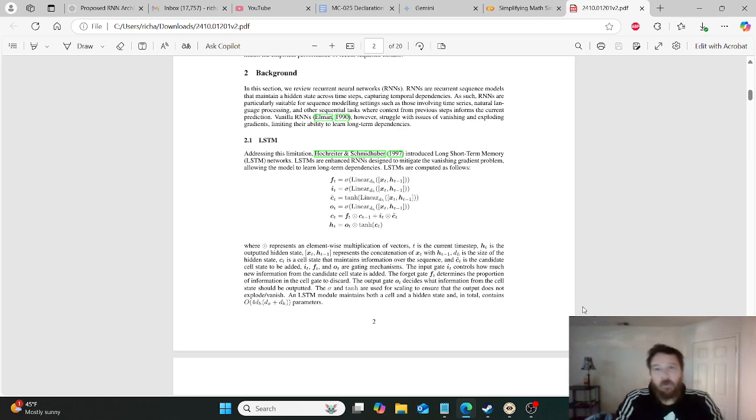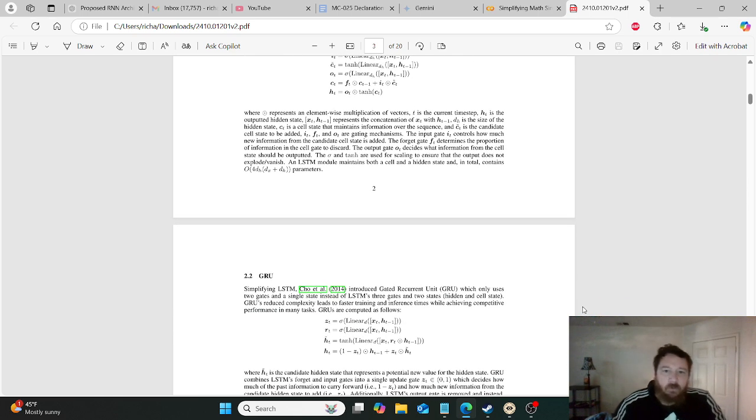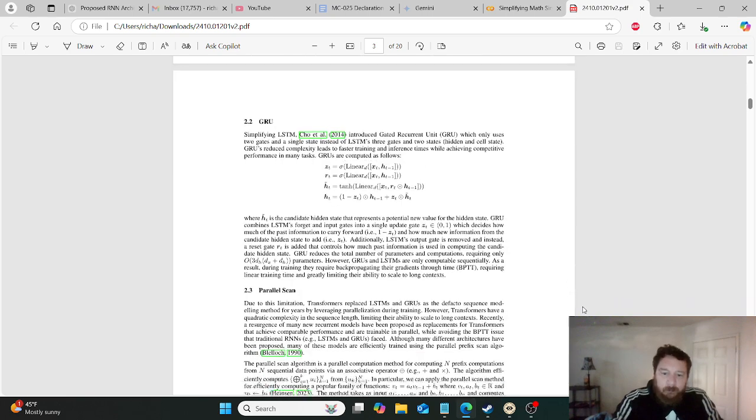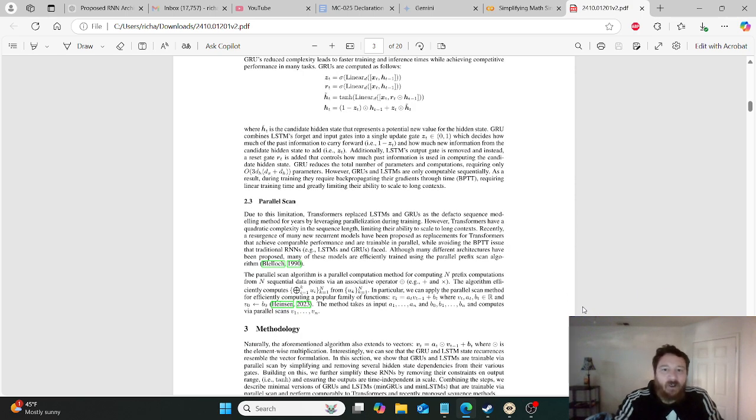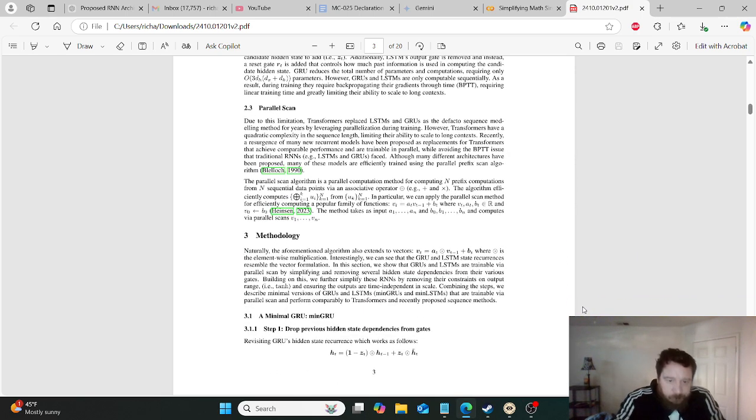They talk about two concepts: LSTMs and GRUs, which are classic building blocks of neural networks. They're algorithms related to neural network construction and linear regression.